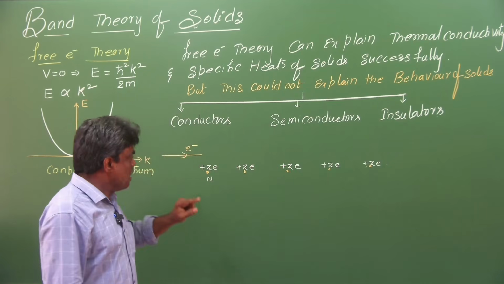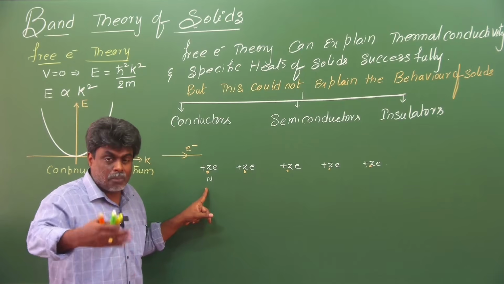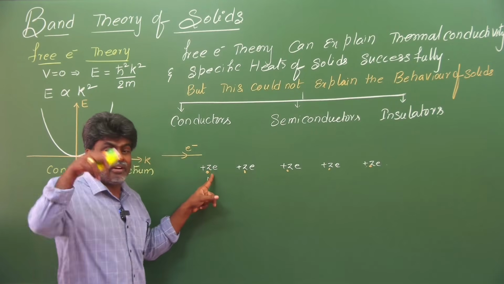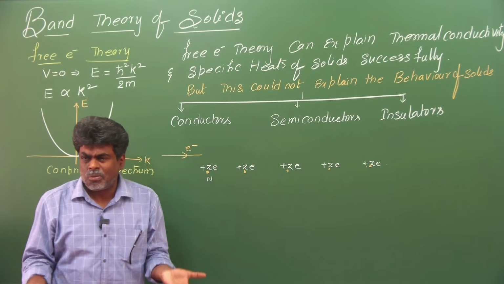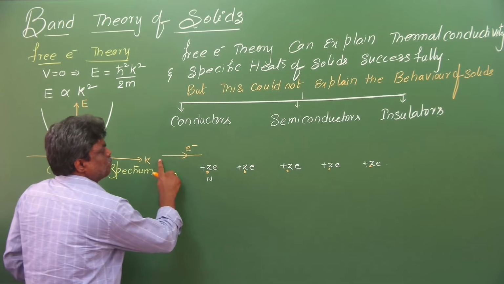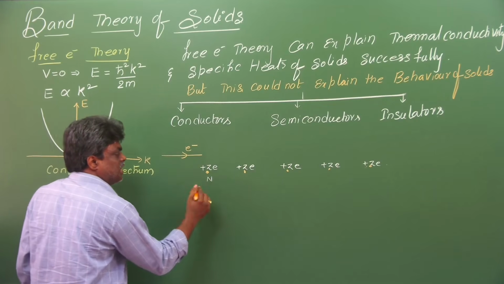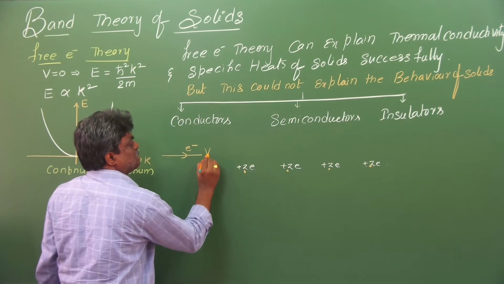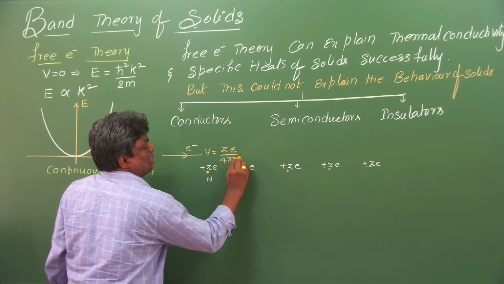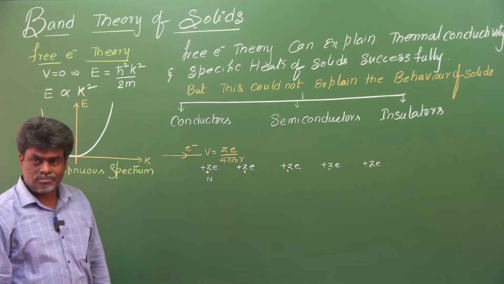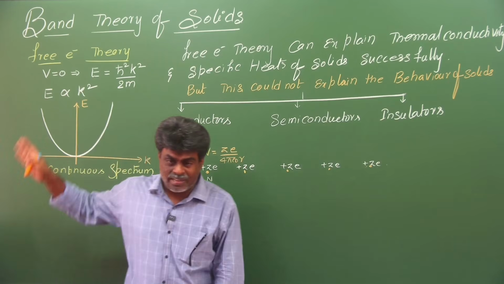It is moving with the potential interaction of the nucleus or ion core. Free means what? Potential is 0. Whenever the electron is coming close to the nucleus, what is the potential here? The potential at the nucleus we can say is Ze/4πε₀. That potential is there. Then why are you saying the potential is completely 0?